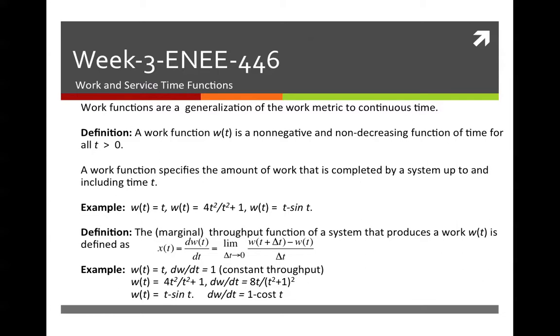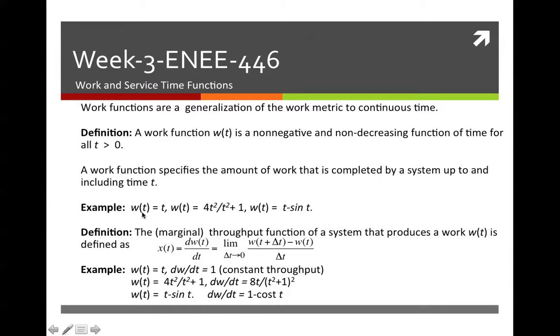So taking the derivative of these functions that I've written up here, we come up with values that are throughput functions for these three work functions that we defined up here.